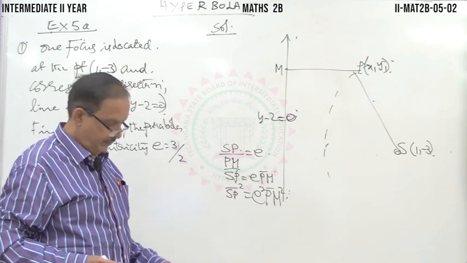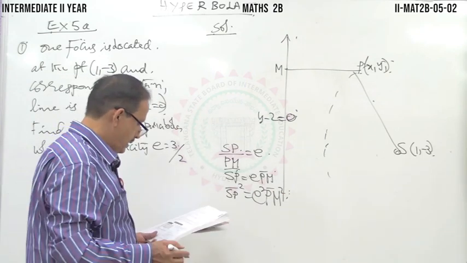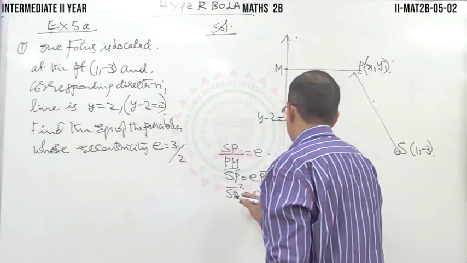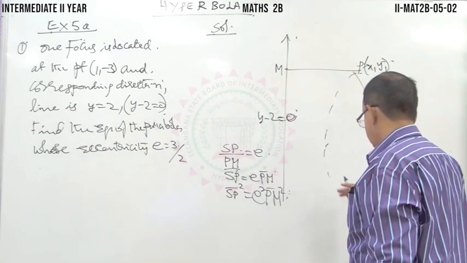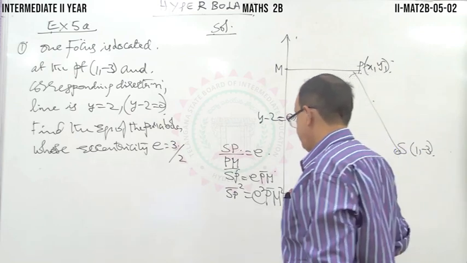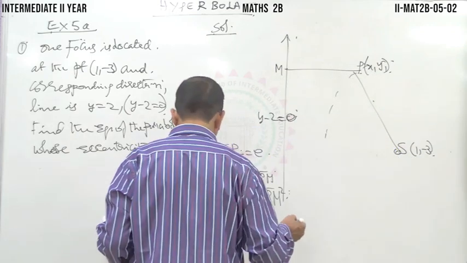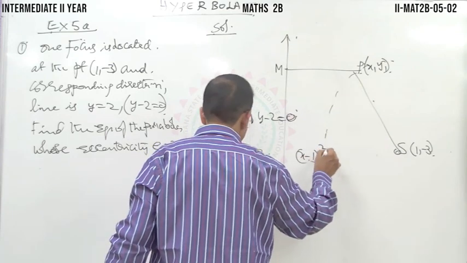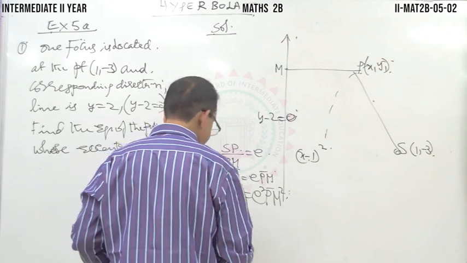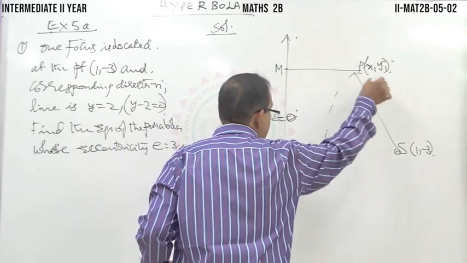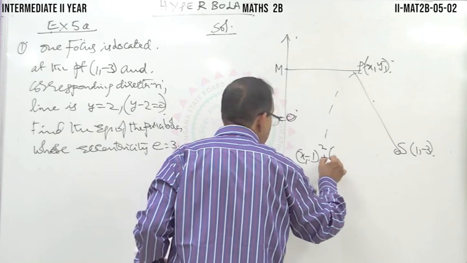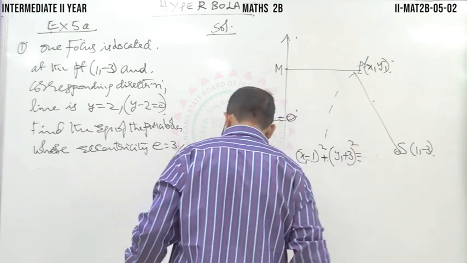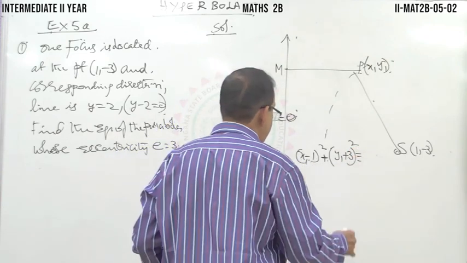When we identify SP square, we get x1 minus 1 whole square plus y1 plus 3 whole square, equal to E square PM square, as I told you.